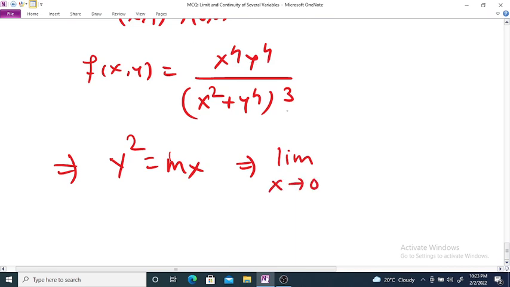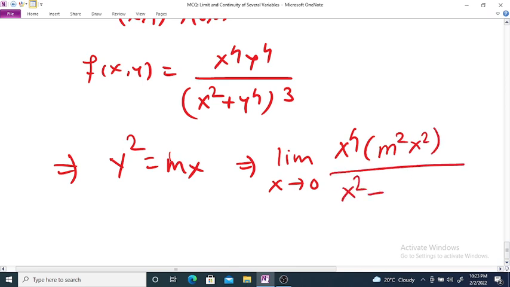So here it is x raised to 4, and it is equal to m squared x squared divided by x squared plus m squared x squared raised to 3.